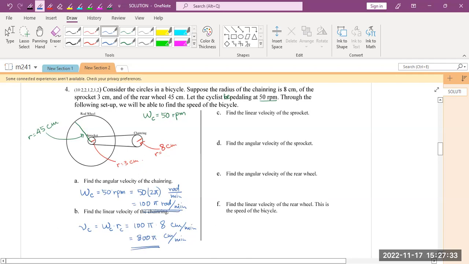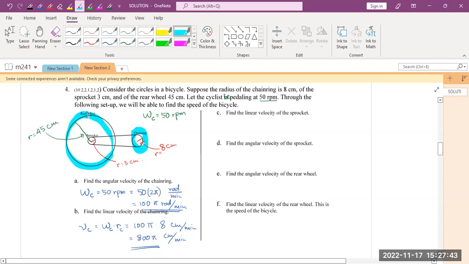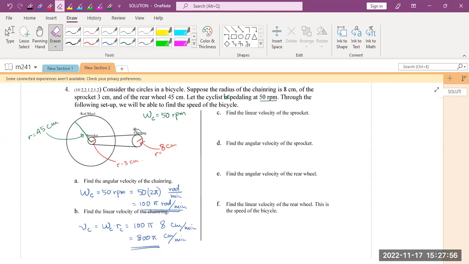The main story is we try to translate the speed of the cyclist pedaling into the linear speed of the bicycle. The angular velocity translates into how fast you are actually cycling.